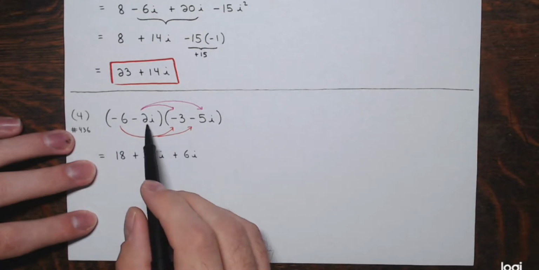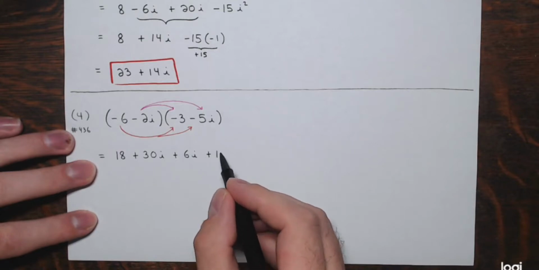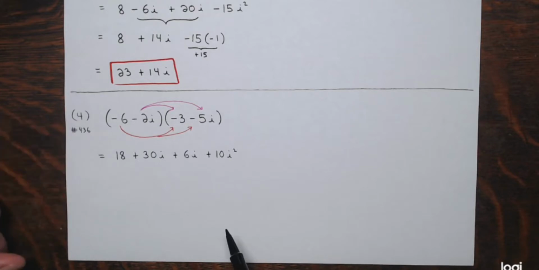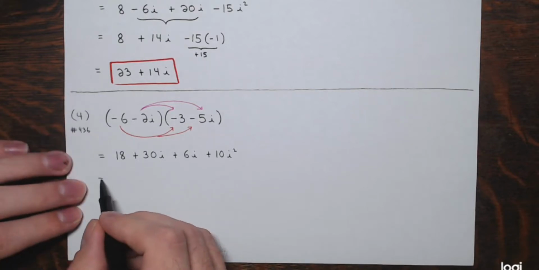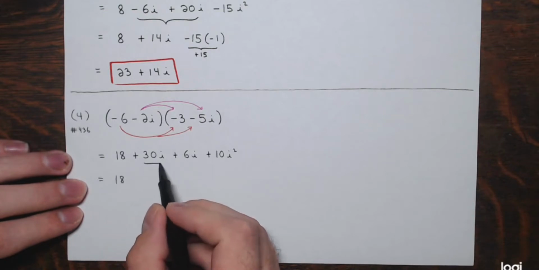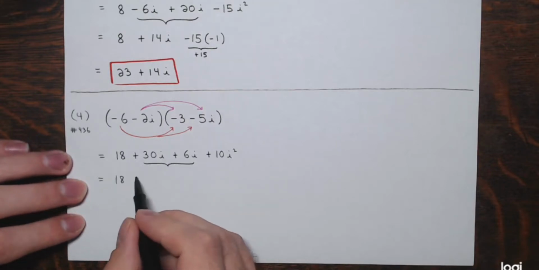Negative 2i times negative 5i would be positive 10i squared. Alright. So now I have the following: 18. This 30i and 6i can be combined, right? 30 and 6 make 36i, plus 36i.